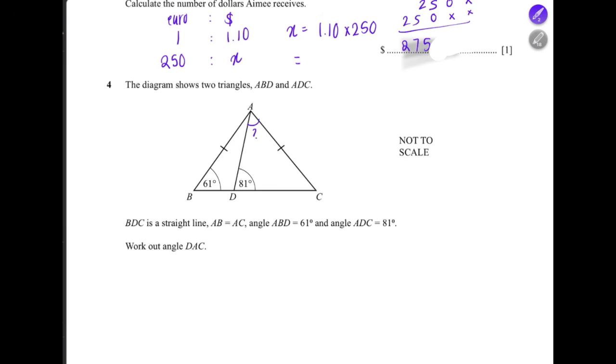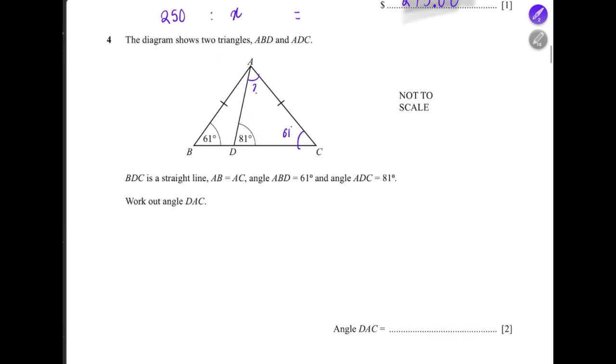Now they just mentioned that AB and AC are equal. So that means if this is 61, so is this. ACD is also 61 degrees. You need to find DAC, which you can easily find because the sum of angles in a triangle equals 180. So angle DAC plus 81 plus 61 equals 180.